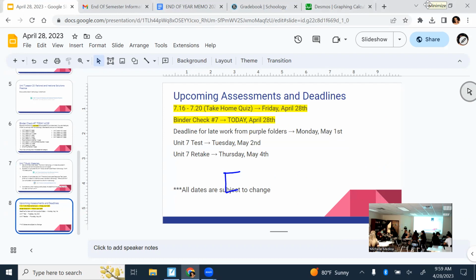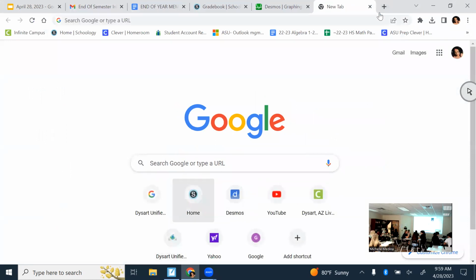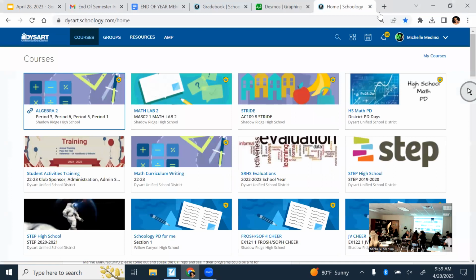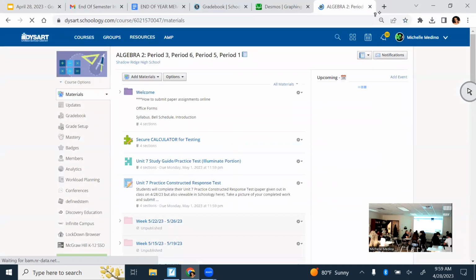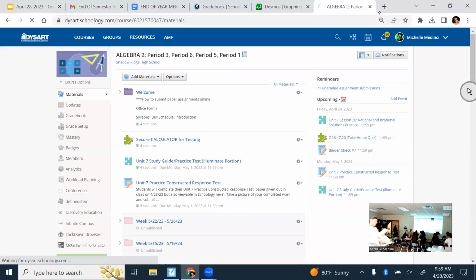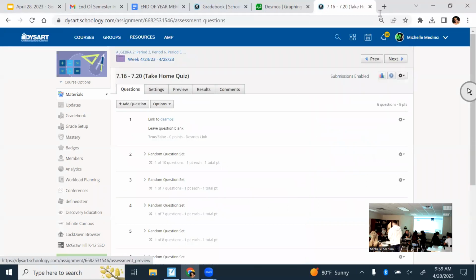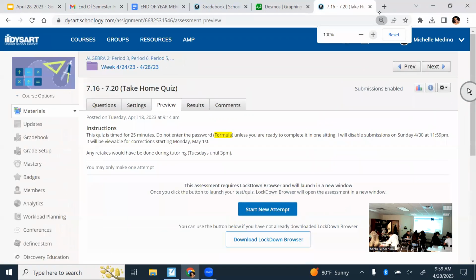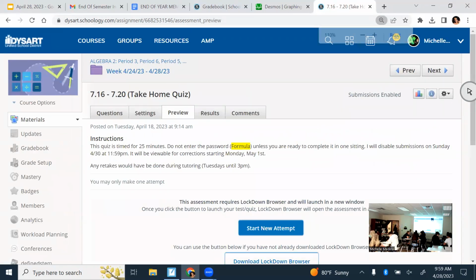Also, we were supposed to have a quiz today, but I made it a take-home quiz. So here's how that will work. The instructions are all in Flugy. So when you click on it, it's in this big folder. All right, and it's kind of hard to see right now. But it's still going to be timed.